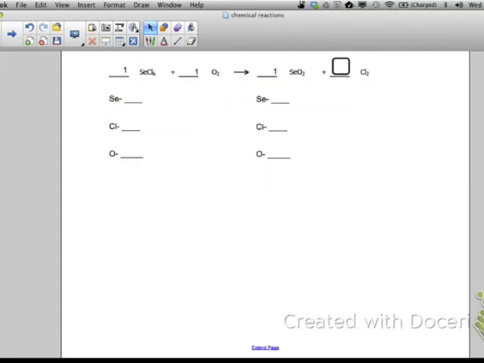Let's do another problem of the same type. We're going to try to find the coefficient of Cl2 over here on the product side. We have SeCl6. And so we have 1 group of Se, and we have 6 chlorines, and then we have 2 oxygens. Over here, I see we got 1 group of SeO2, so that means we got 1 Se.